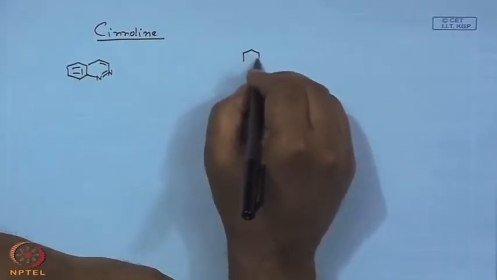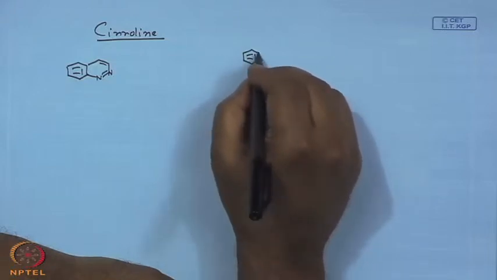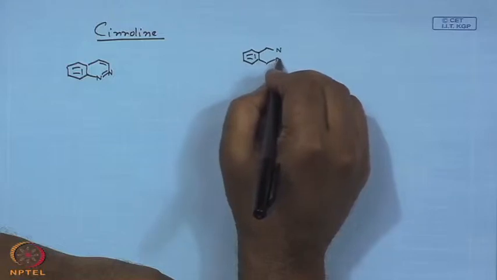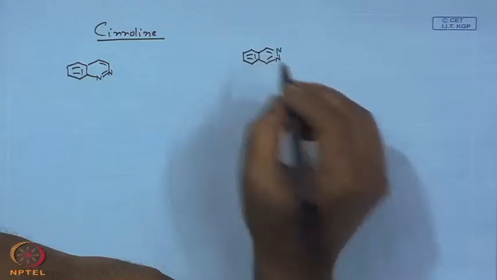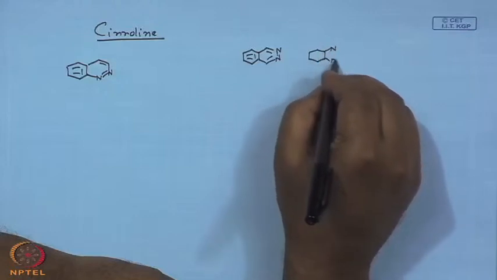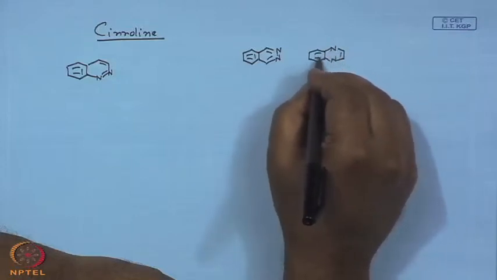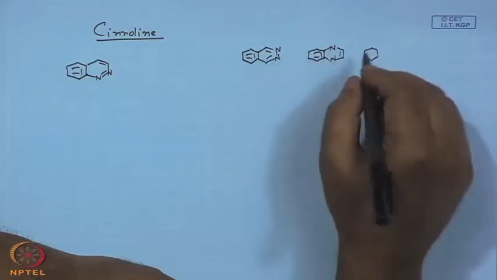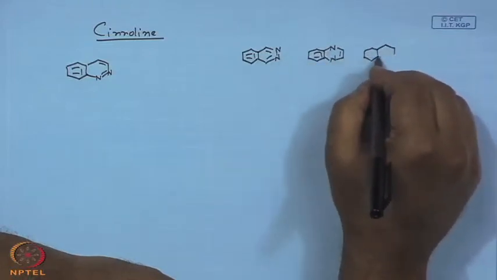For example, I do not know whether I have told you or not, there is a nucleus like this, there is a nucleus which will be looking like this, that means all these are basically diazo bicyclic compounds.